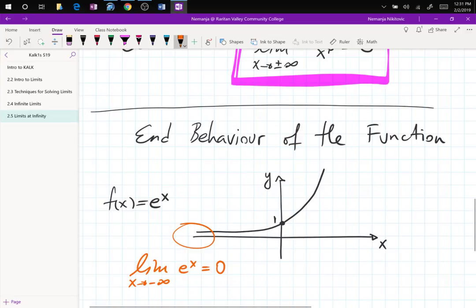That was clear. As x goes to negative infinity, the y value falls down into 0. So that's that. What's happening on the other side? On the other side, we have the limit of x goes to positive infinity of e to the x, and the answer is positive infinity. This is the end behavior.